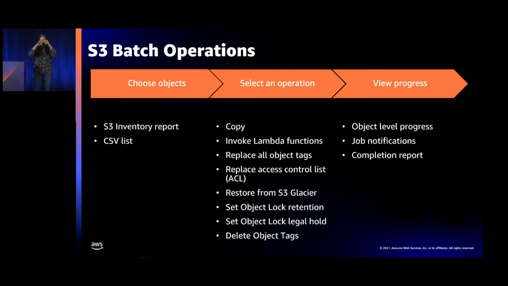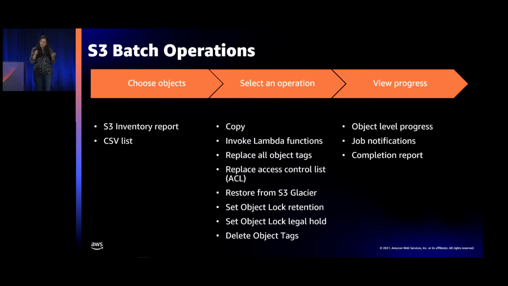Next, now that we've identified the unencrypted objects in our bucket, we want to use S3 batch operations to create encrypted copies of objects that were identified as not encrypted and need to be protected. S3 batch operations provides a scalable way to execute many common tasks across millions or even billions of objects.